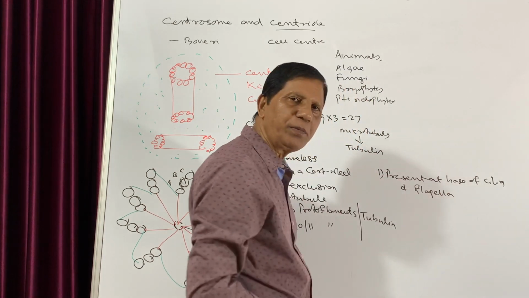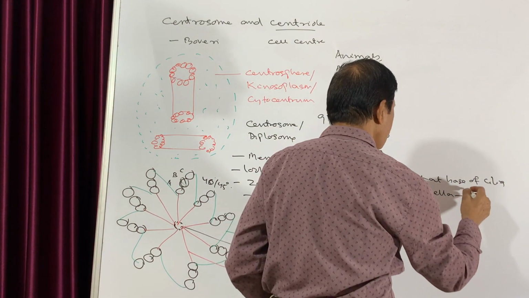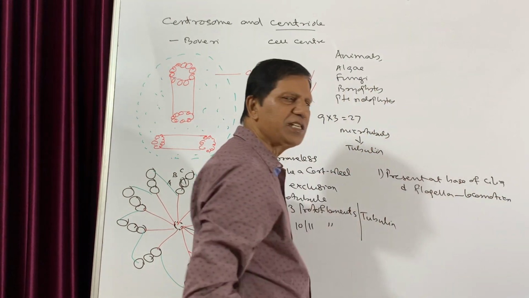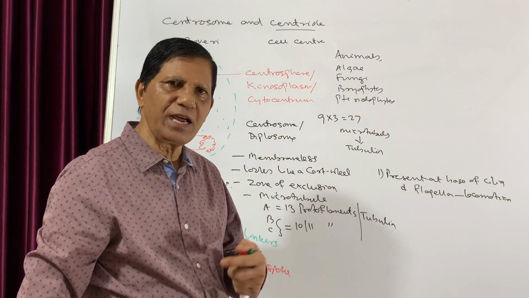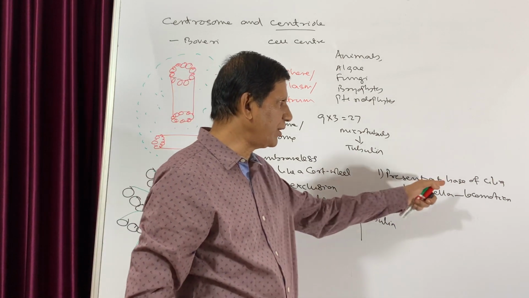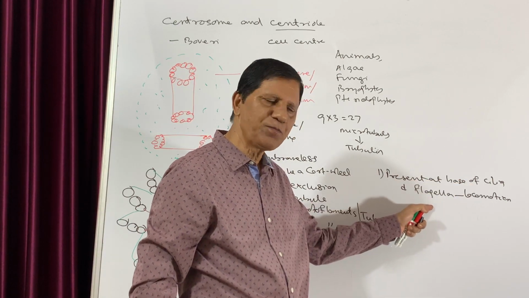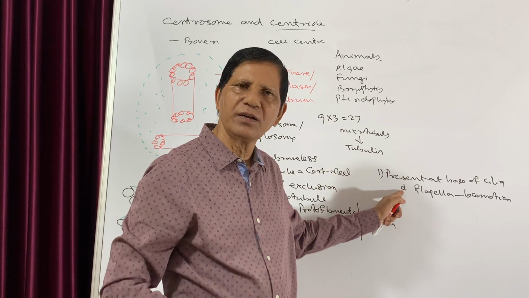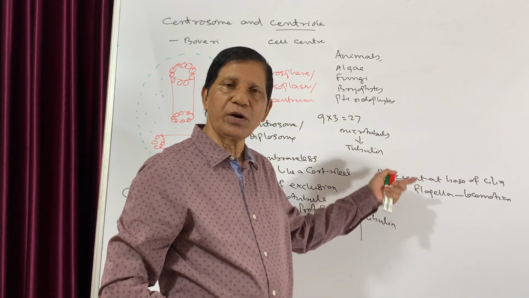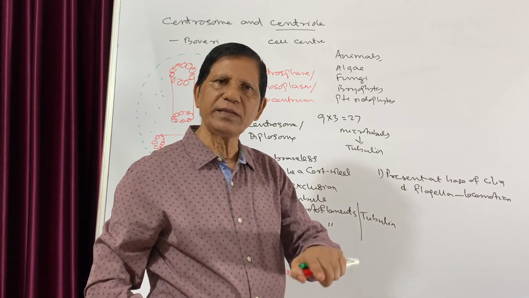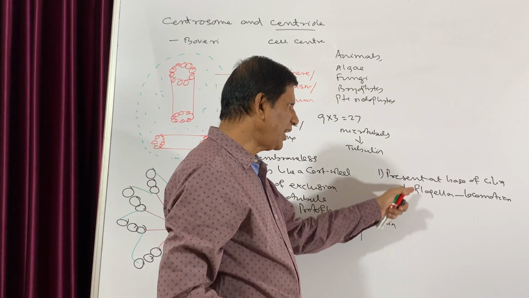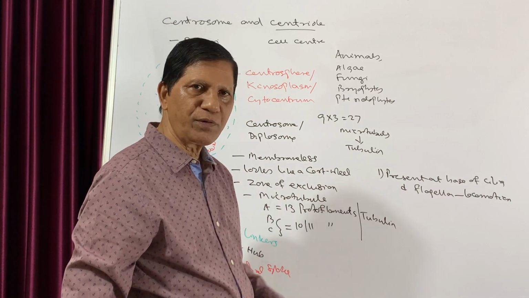So for what purpose? For the purpose of locomotion. So this is its primary function. That means it helps in locomotion. That means wherever there is a cilia and flagella, there must be centriole at the base, which is known as the basal body. But wherever there is centriole, there may not be cilia and flagella. So this is the main function.